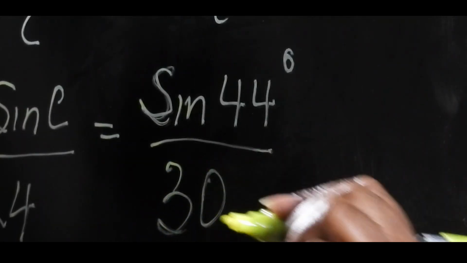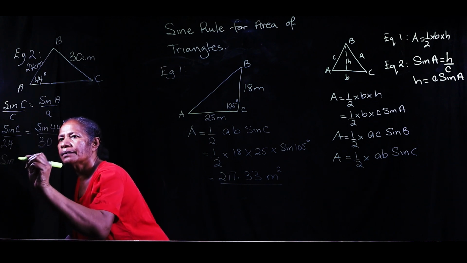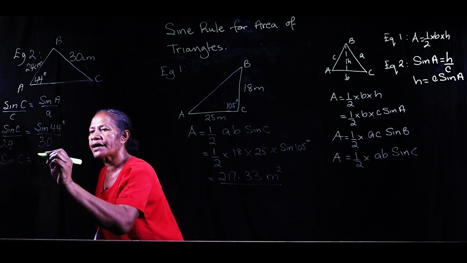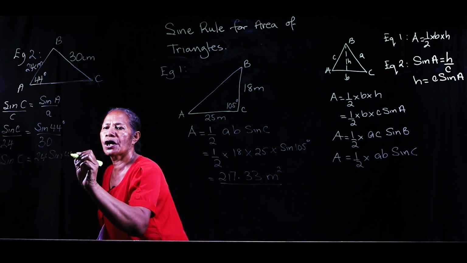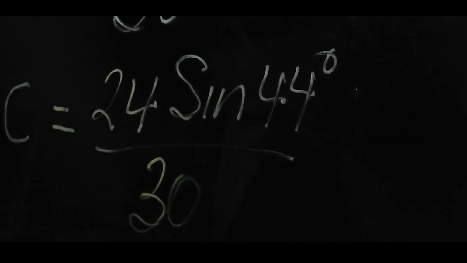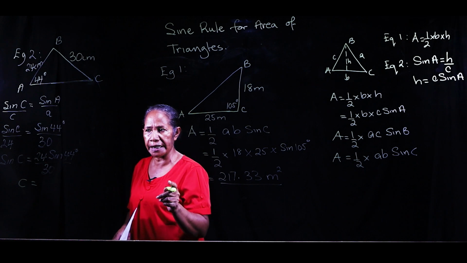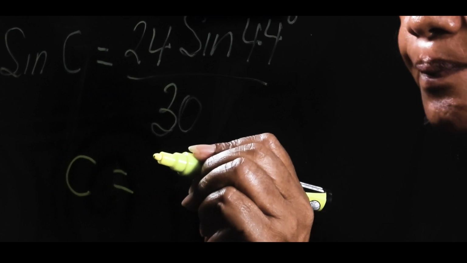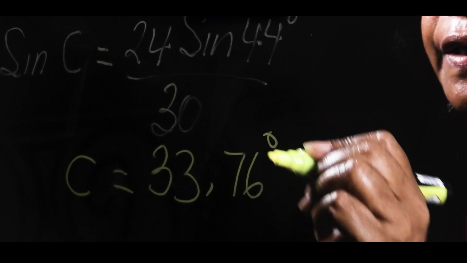So sine C is equal to, we cross multiply, 24 sine 44 degrees over 30. Again, sine 44 degrees is on your calculator, don't forget that. From this calculation, angle C is 33.76 degrees.